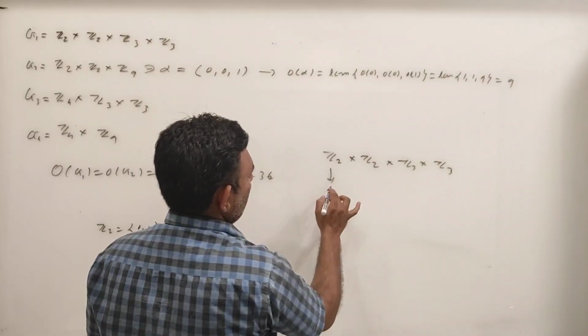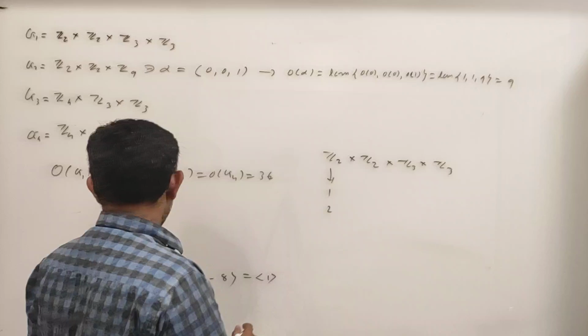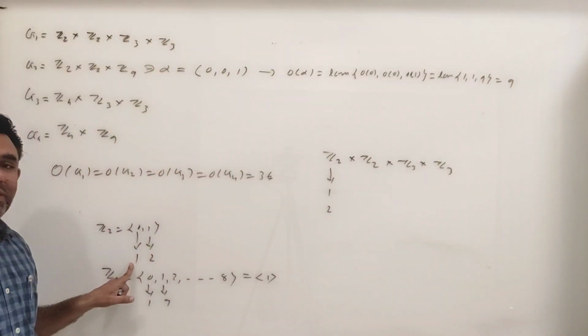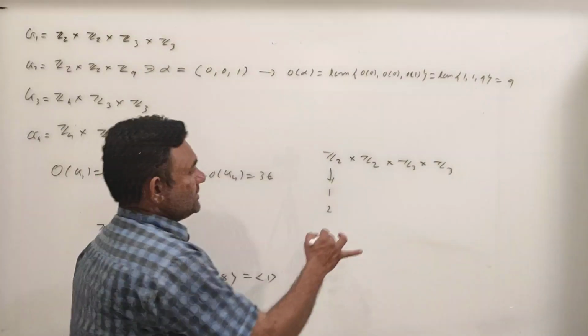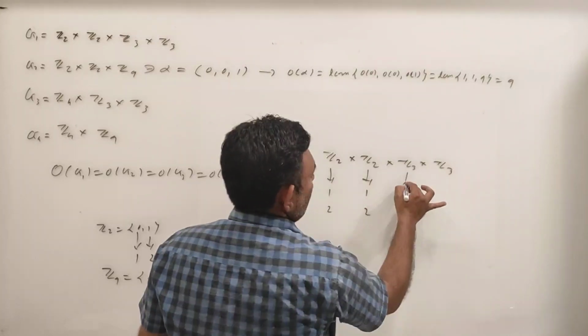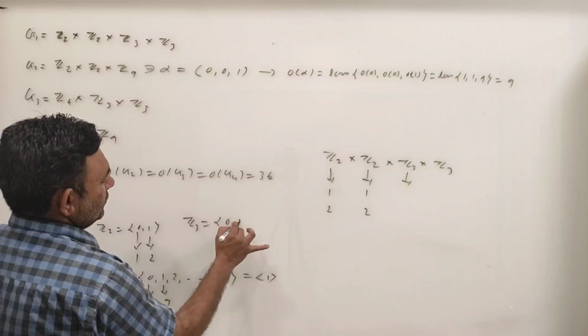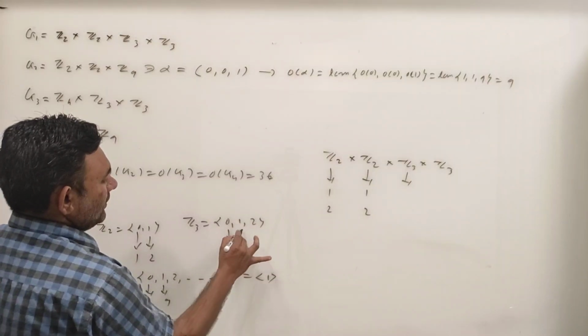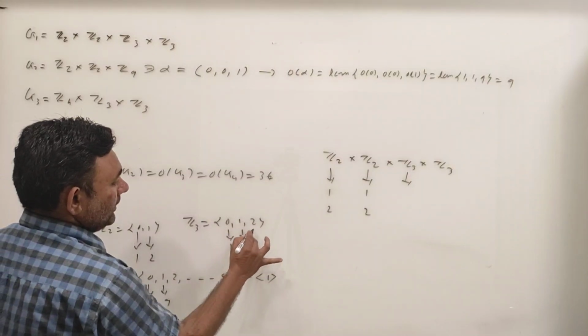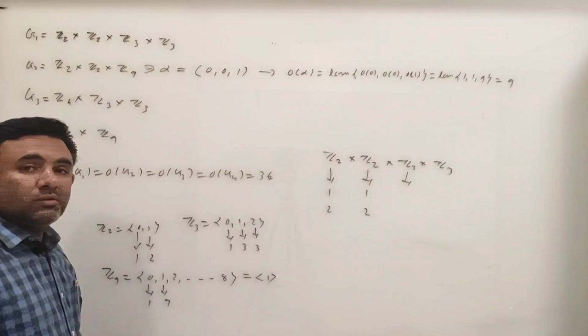Either order 1 or 2. Z2 is 0 और 1, तो उसमें 1 ऑर्डर का एलिमेंट है या 2 ऑर्डर का एलिमेंट है. Similarly here 1 or 2. In Z3 में क्या रहेगा? 0, 1 and 2. 0 का ऑर्डर 1, 1 का ऑर्डर 3 and 2 has also order 3.